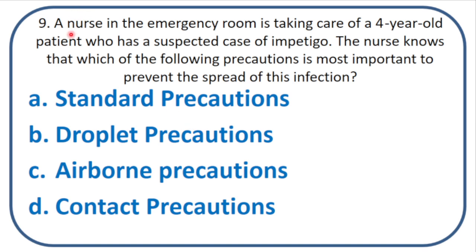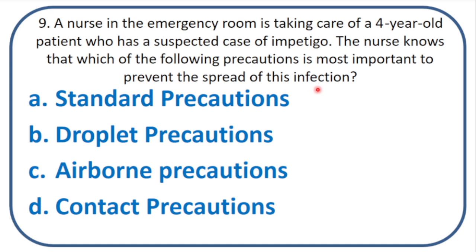Next question. The nurse in the emergency room is taking care of a 4-year-old patient who has a suspected case of impetigo. The nurse knows that which of the following precautions is most important to prevent the spread of this infection?